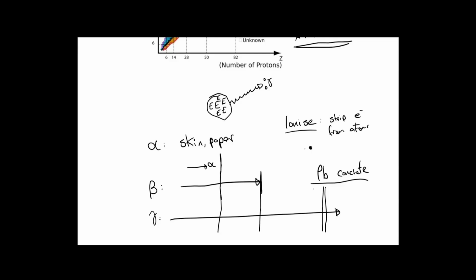So if we have the nucleus, and we have the electrons floating around here in a cloud, the ionizing energy is going to knock one of those off and push it out into the world.